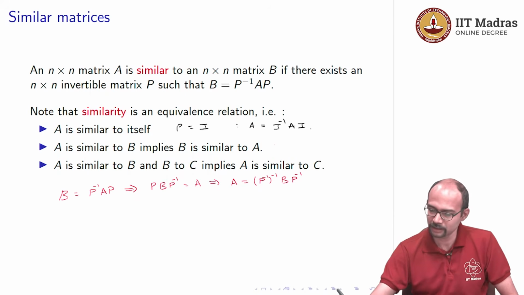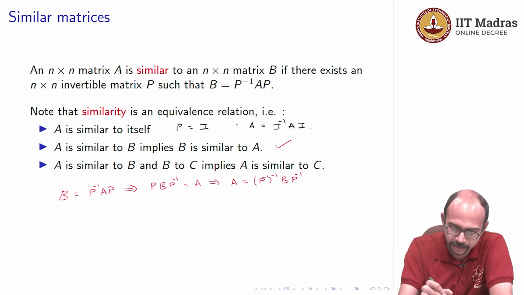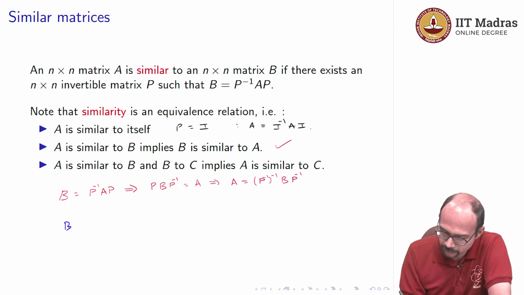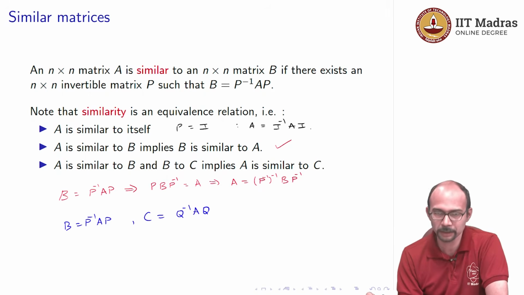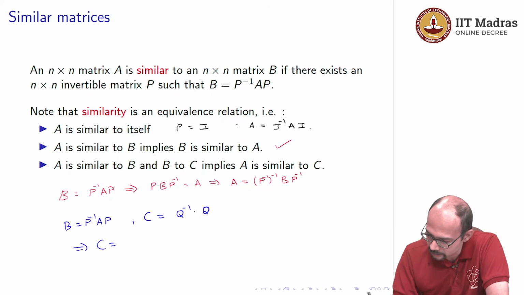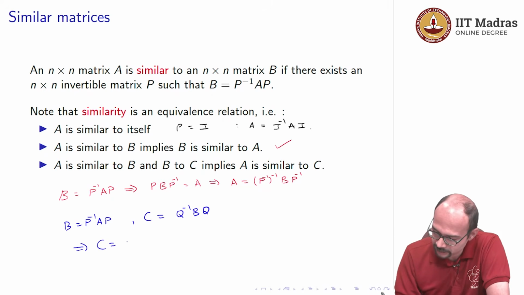So, the second one is satisfied, and the third one again was on the same lines as our previous part. So, let us see. We have B is P inverse A P and C is, let us say, Q inverse B Q. These are both n by n invertible matrices P and Q. My bad, this is not A, but this is B. So, C is equal to Q inverse, and now you put in the first equation, B is P inverse A P, into the second.